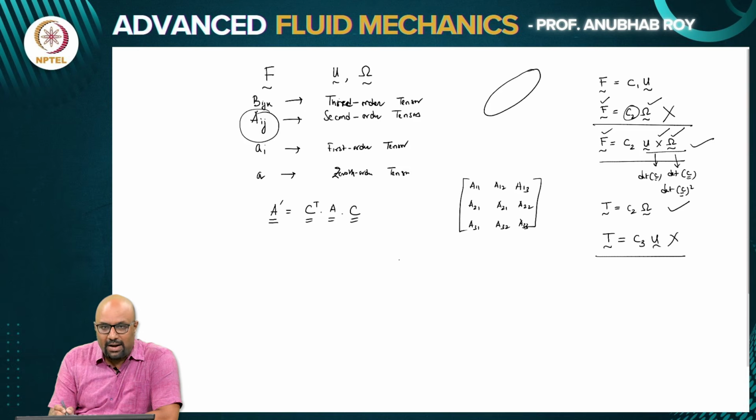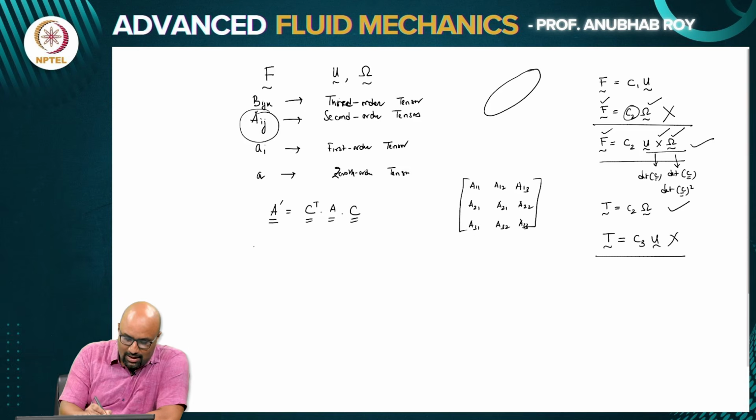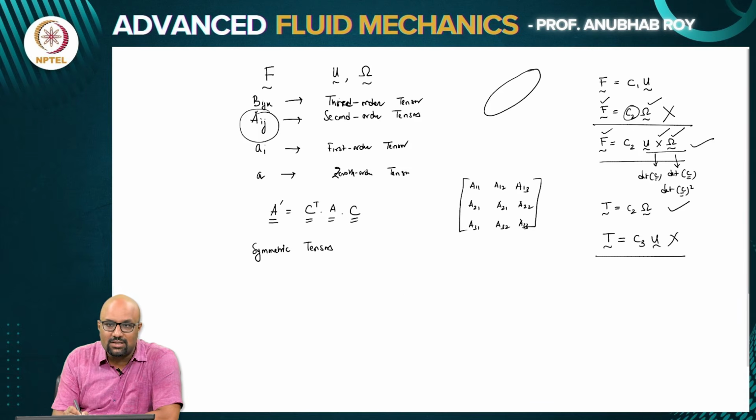Now, when you know matrices, you know that they can be classified as symmetric matrices. Here we are interested in tensors, so I write them as symmetric tensors. What would symmetric tensors be? Symmetric tensors are where all the off diagonal elements have equal counterparts.